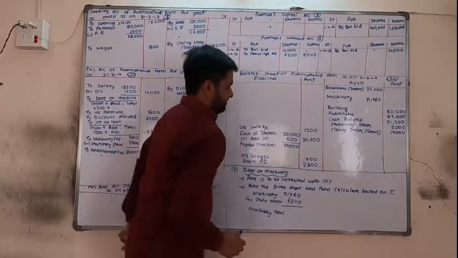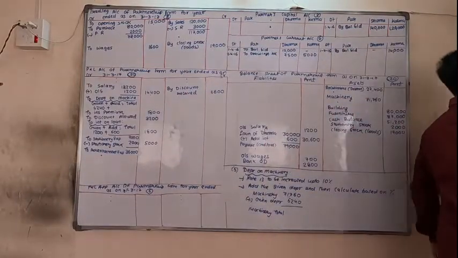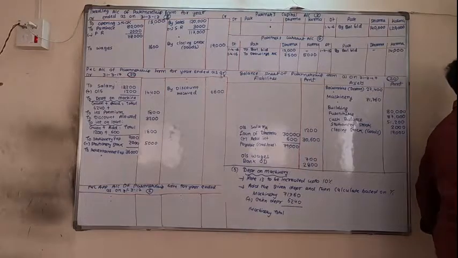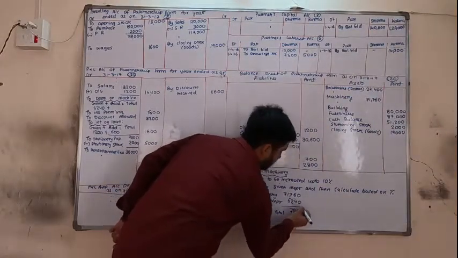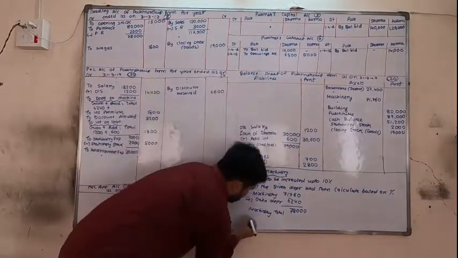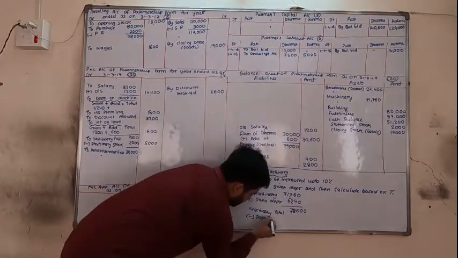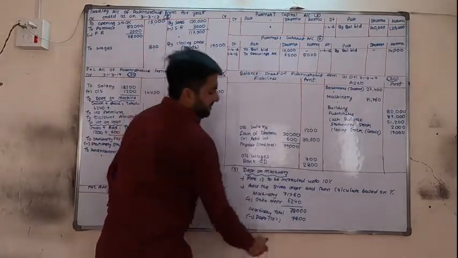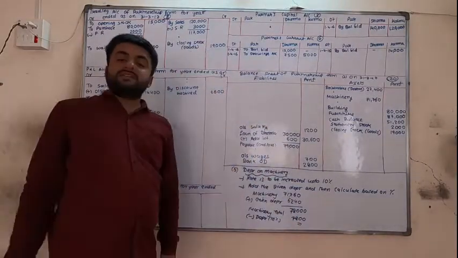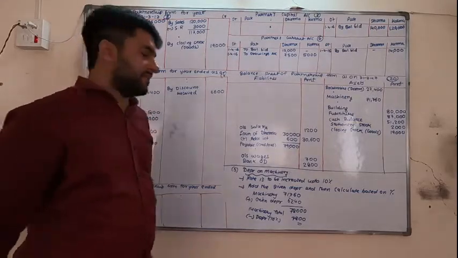Machinery total: 71,760 plus 6,240 is 78,000. Now calculate based on percentage. Minus depreciation 10% is 7,800. So the depreciation is 7,800. Remaining amount, don't decide.